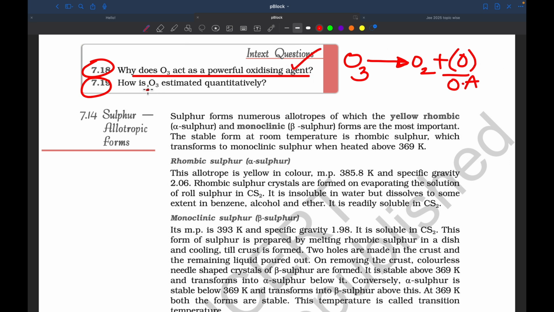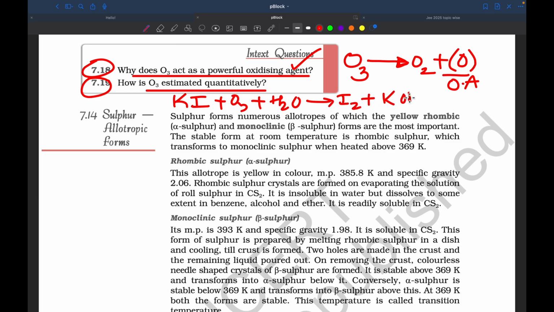Next, how is O3 estimated quantitatively? For this you need to write two reactions. You have to treat the ozone with potassium iodide in the presence of water, where you get iodine and KOH.